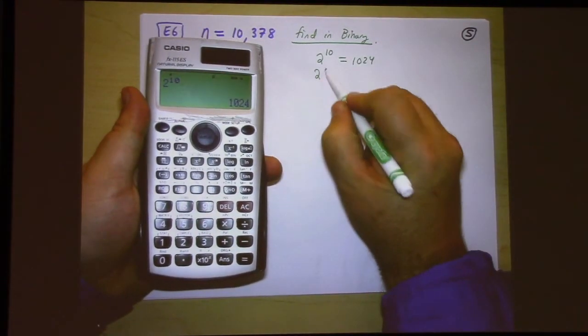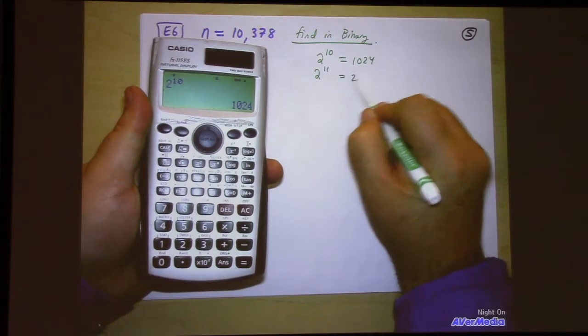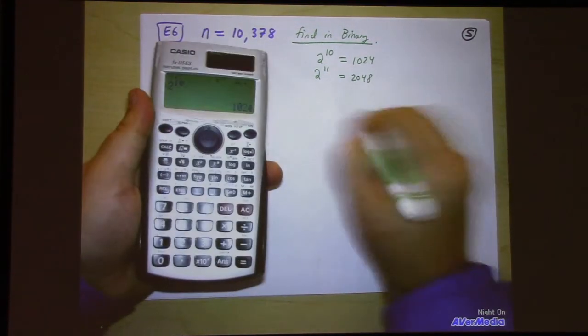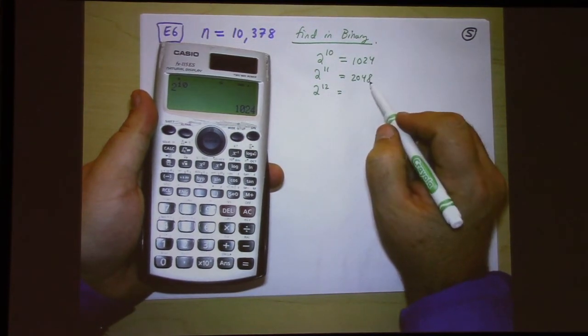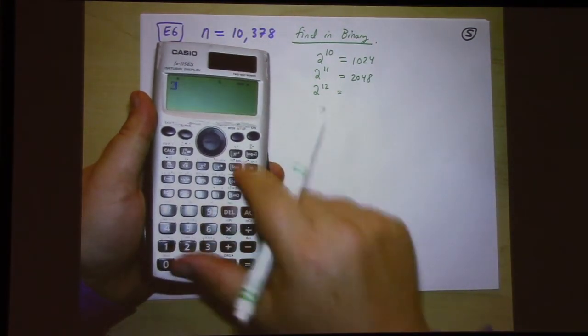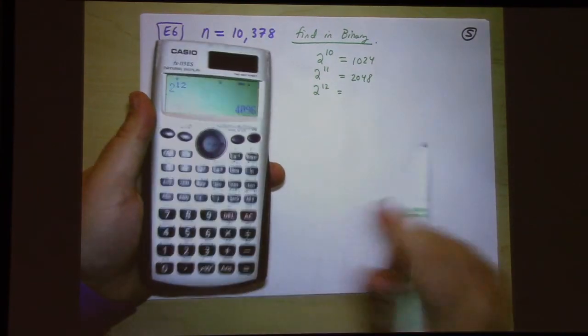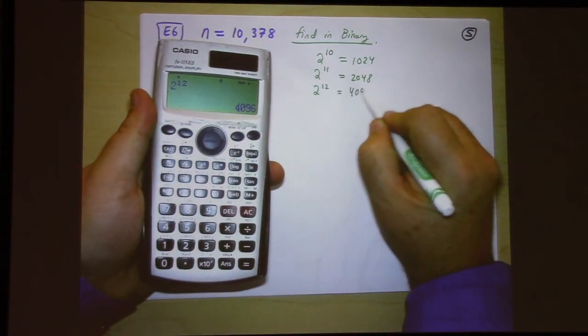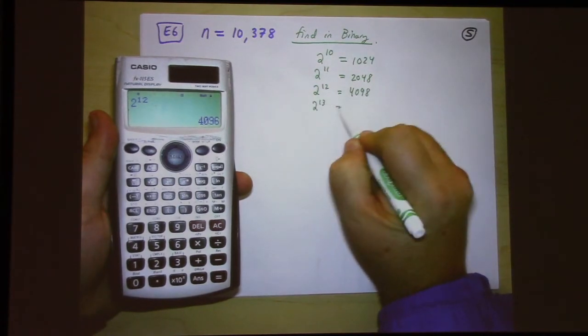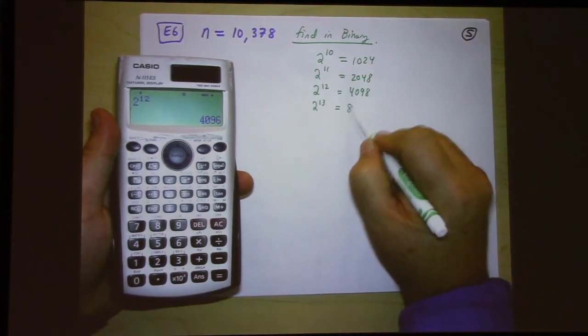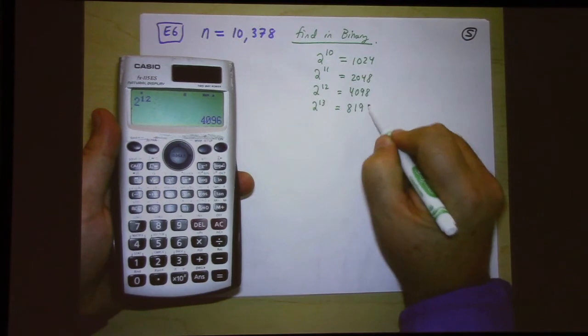And then 2 to the 11th is what? 2048. 2 to the 12th? 4,096. I guess I could have calculated it in my head. And then you double that. 2 to the 13th is what? 8,196.